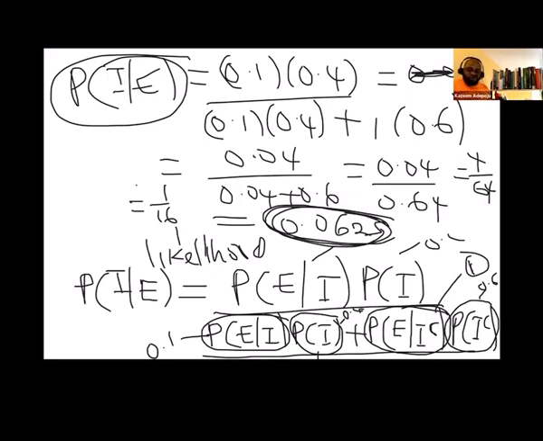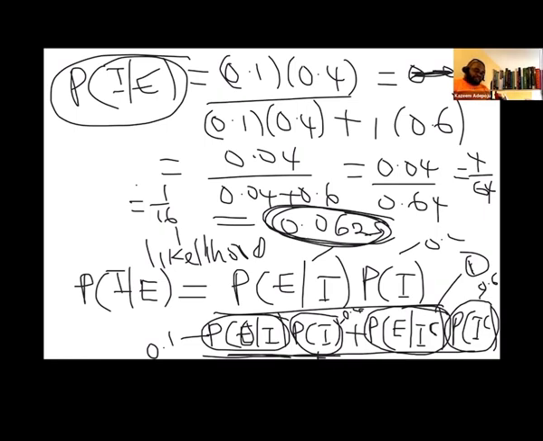Is there anyone who wants to ask a question before I go to what I have for you today? Yeah, I thought in Bayes' theorem the bottom was just the probability of being innocent. Oh no, it is the probability of the evidence. You could have evidence when the accused person is guilty, and you could also have evidence when they are innocent.